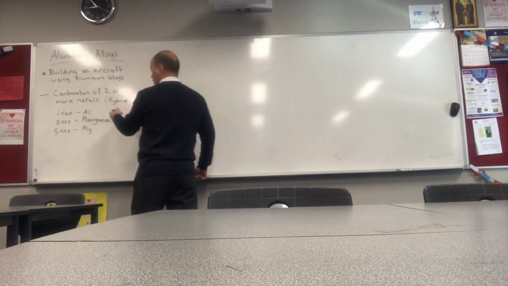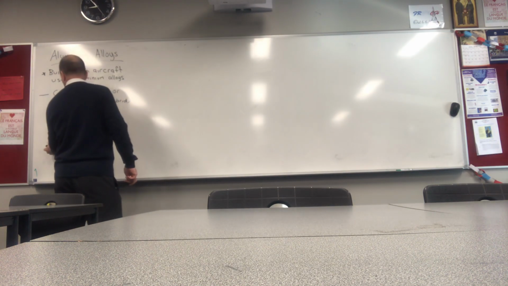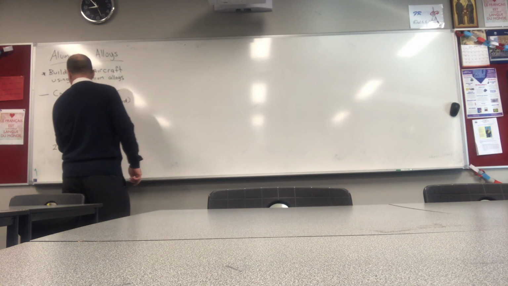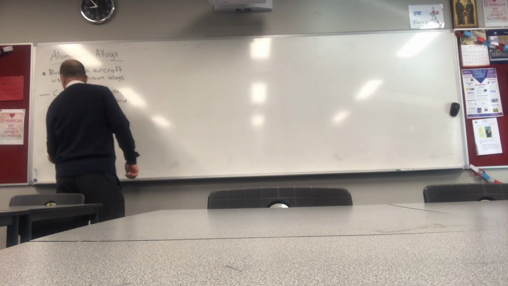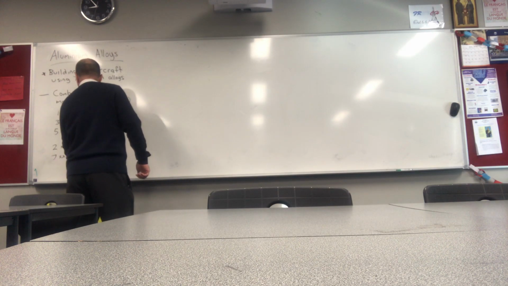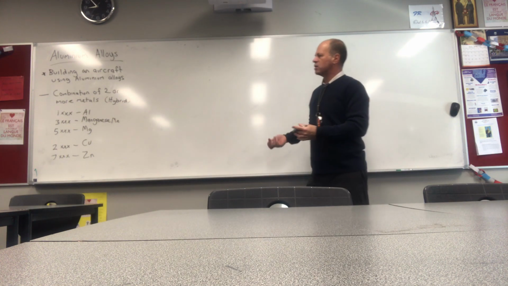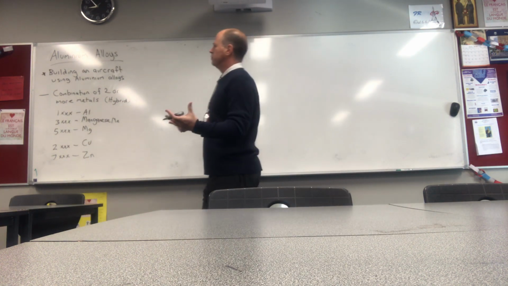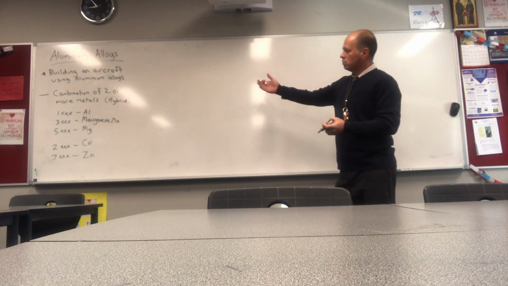So that's something that's worth remembering. And then like 2xxx is the copper alloys, okay? And 7 series is zinc, okay? If you remember that and some of the characteristics of those things, that's going to be helpful, okay? So that's something that you might want to think about when you're making your notes, that you remember some of those alloys.